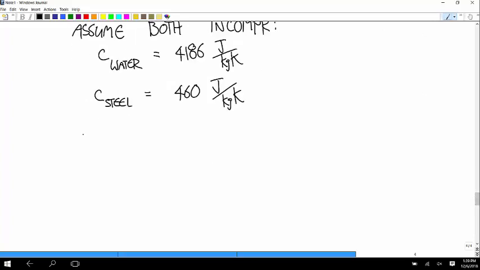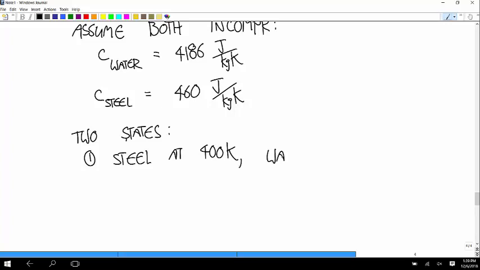And let's say there are two states. The first one is the steel at 400 Kelvin, and the water at 283 Kelvin.